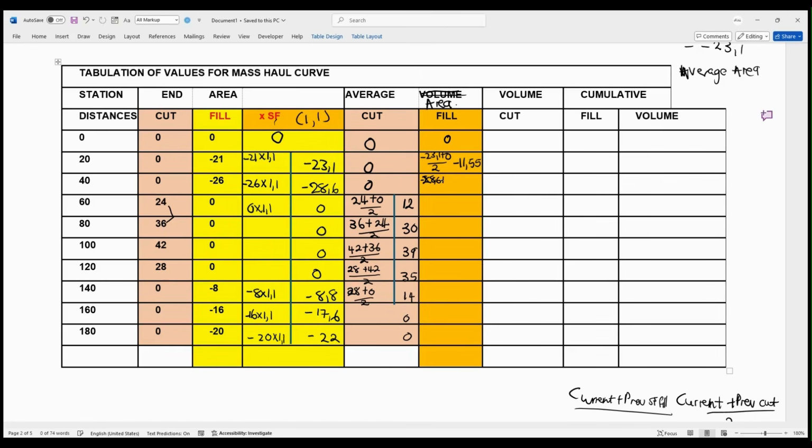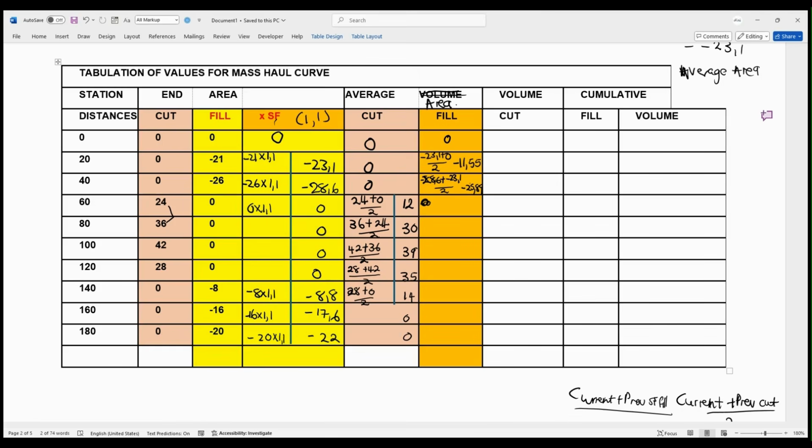Then negative 28.6 plus negative 23.1 divided by 2, we are going to get negative 25.89.